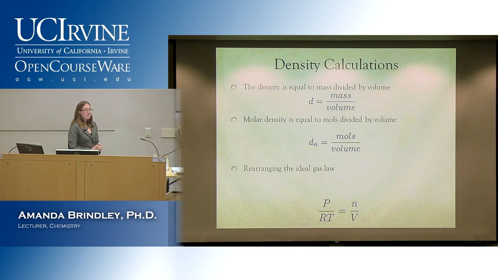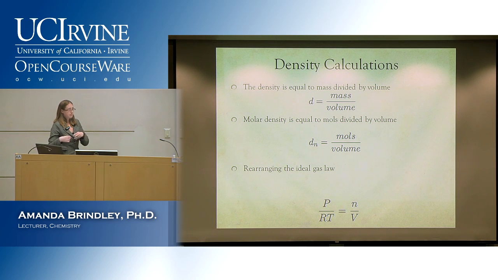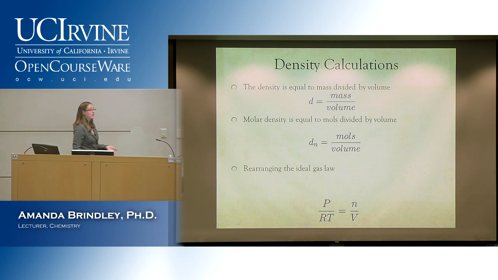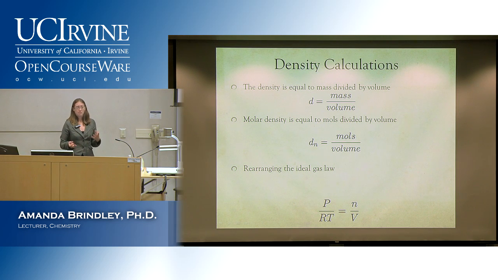Molar density. Now that's something that we don't talk about a lot, but it's going to be really useful here. If density is grams per volume, we can see how molar density is going to be moles per volume. And we can see how that would be a useful unit, right? We don't always want to have to deal with grams. Grams isn't the most convenient unit in the world to be calculating things with.